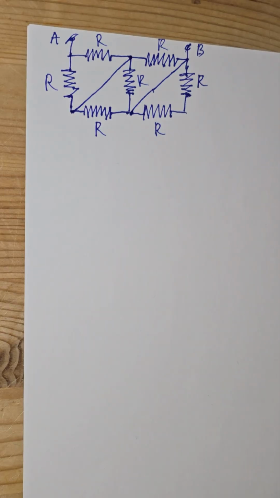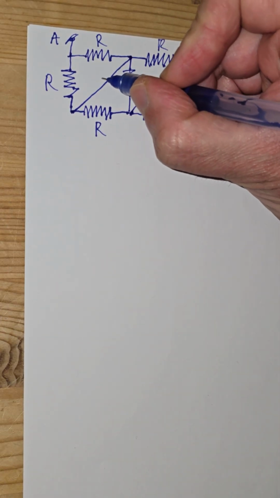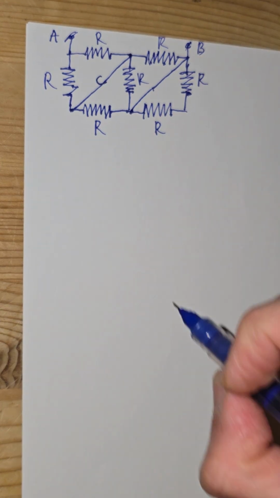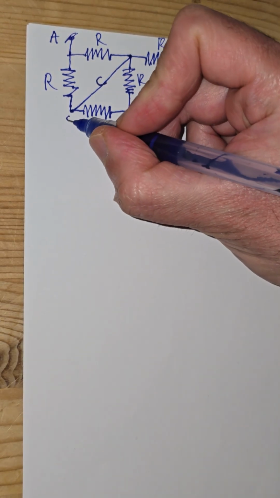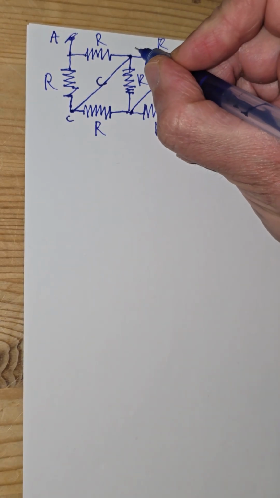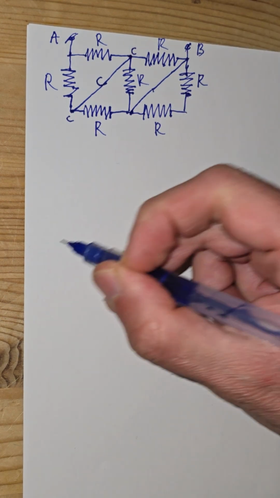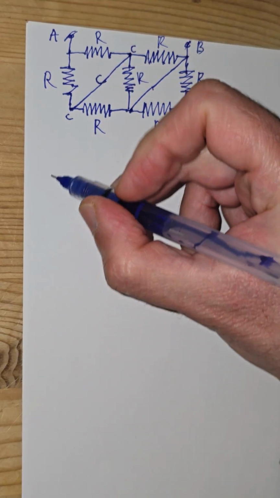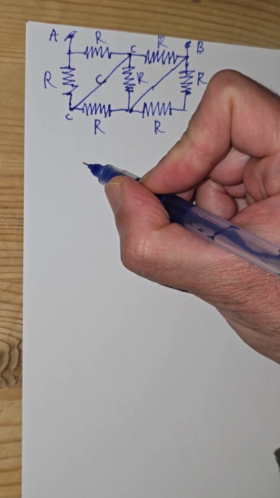Let's denote it as a C here, and this is also a C, and this is also a C. So how are these two resistors connected?